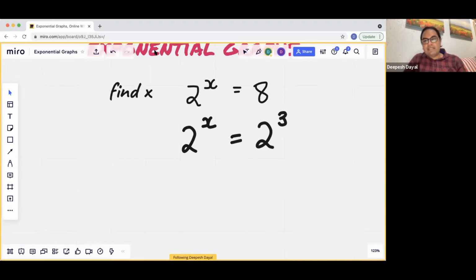Because what is 8? 8 is 2 times 2 times 2. So 2 to the X equals 2 to the 3. And because we have the same bases, we say X equals 3, because we've got the X and the 3 there.